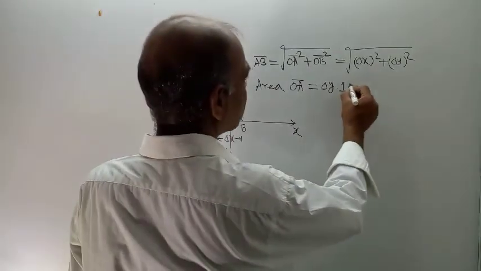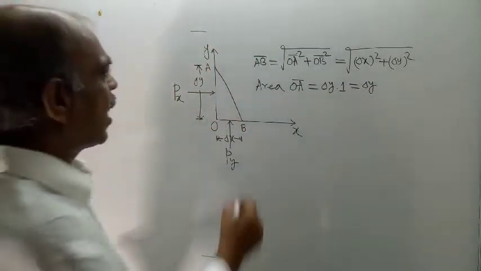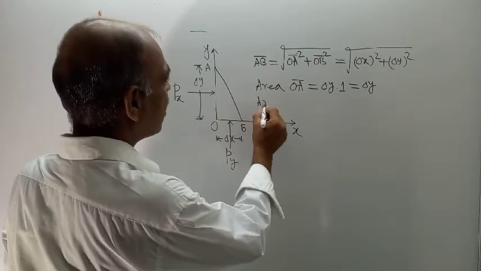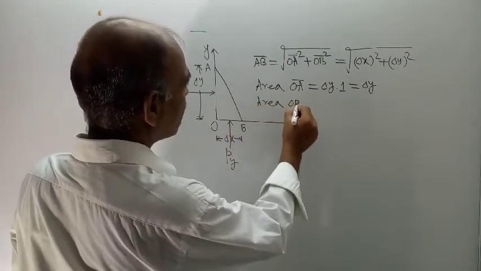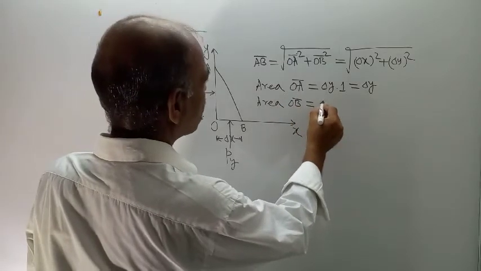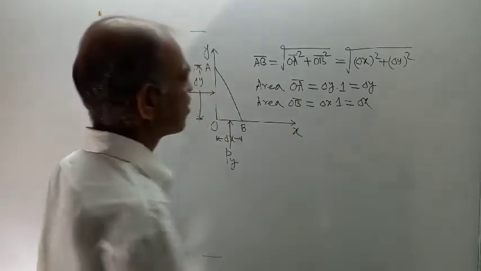So delta y into 1 is equal to delta y. And the area of OB is equal to delta x multiplied by 1, which is equal to delta x.